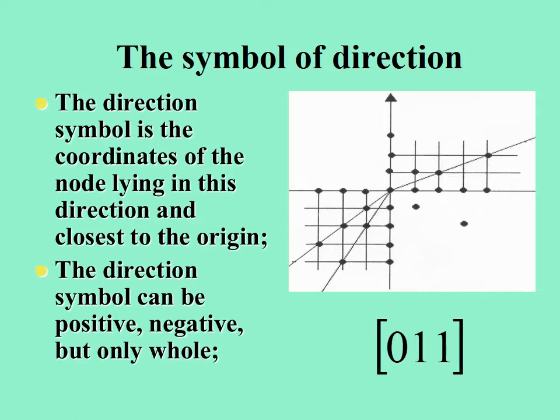Thus, the direction of the series is defined by two points: the origin of coordinates and any unit of the series. The symbol of this unit is taken as the symbol of the series and is written in square brackets, m, n, p, only integers. Obviously, this symbol describes a family of parallel series and parallel ribs of a polyhedron.